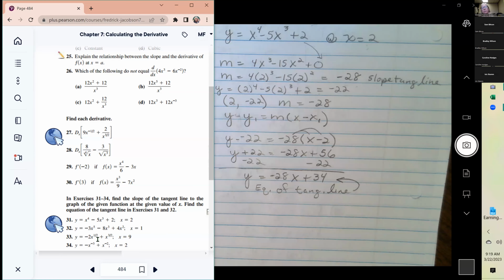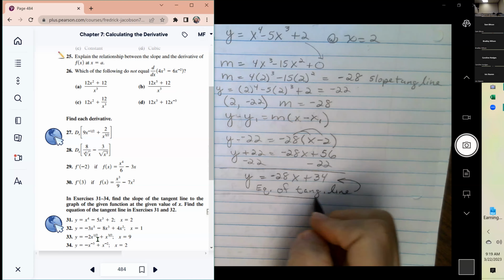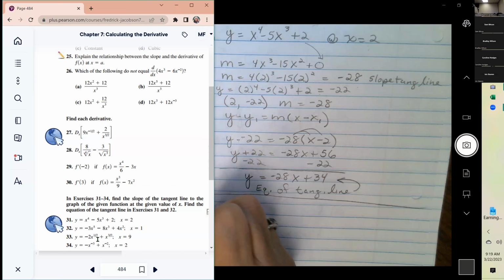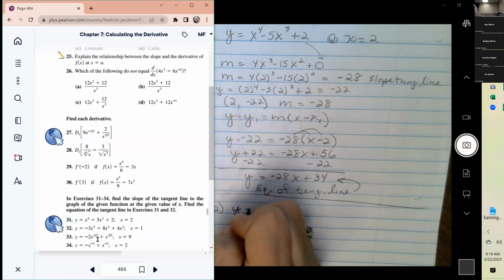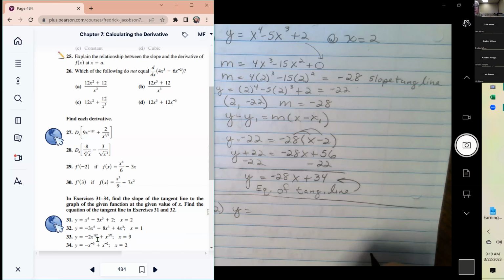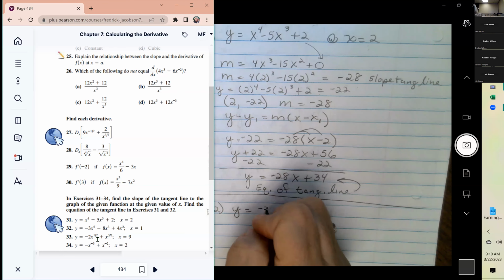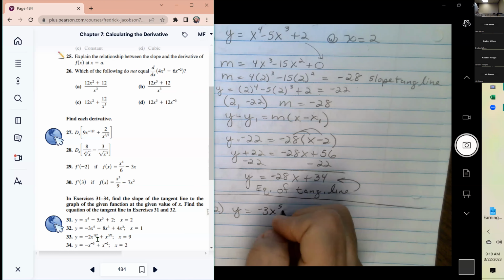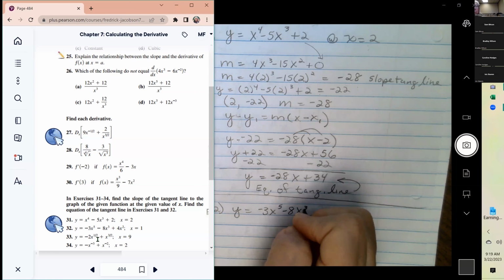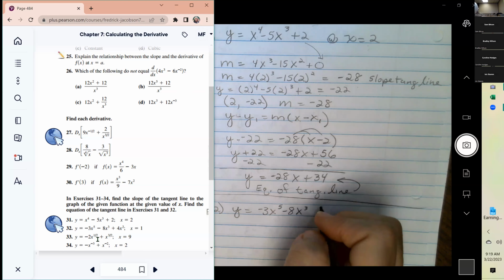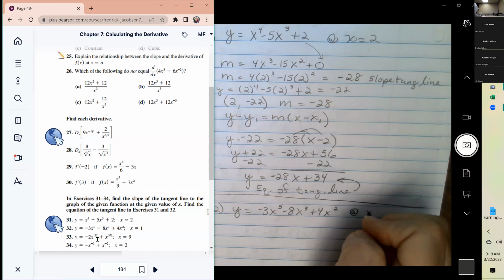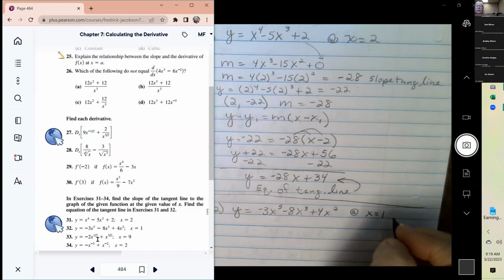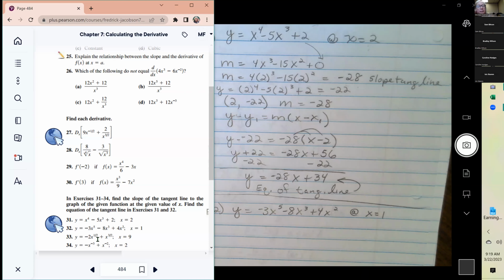Let's try 32. Negative 3x to the 5th minus 8x cubed plus 4x squared. At x equals 1. Go ahead and find the slope of the tangent line.